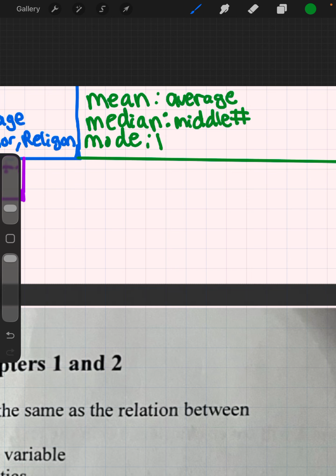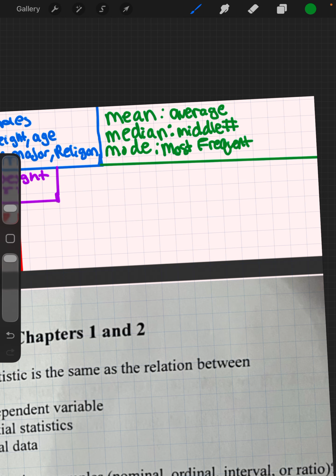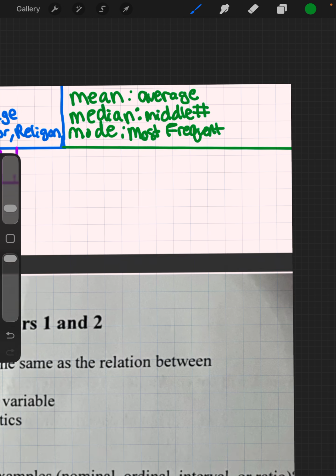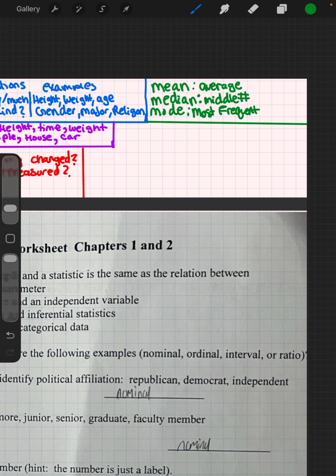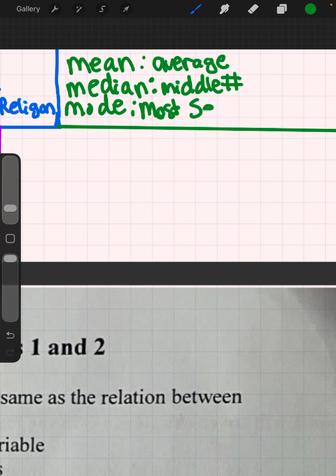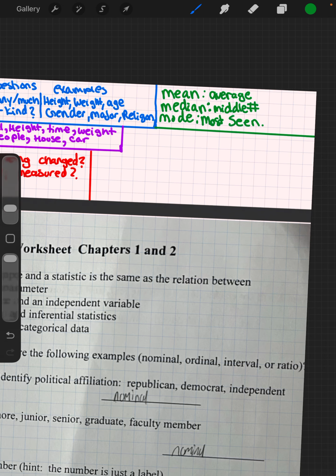And the mode is how often, well, most frequent. Most seen.